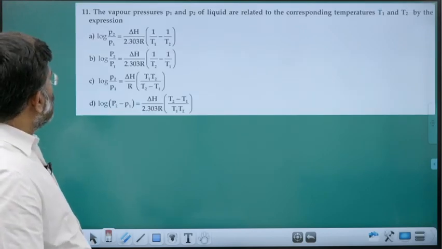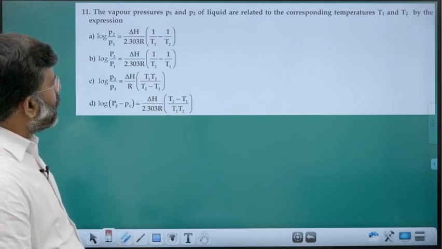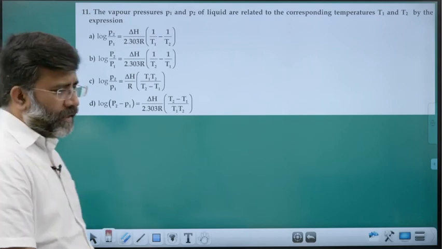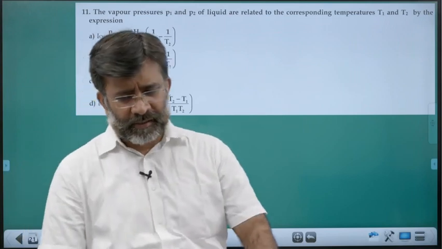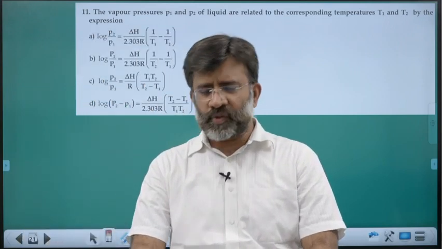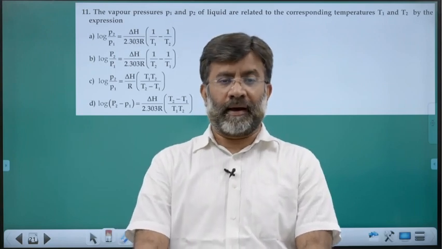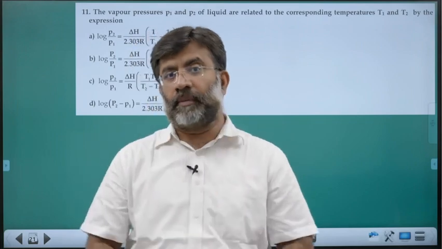The vapor pressures P1 and P2 of a liquid are related to the corresponding temperatures T1 and T2. The equation is not in the syllabus but is given as additional information, and in certain examinations they ask that kind of formula as a formula-based question.